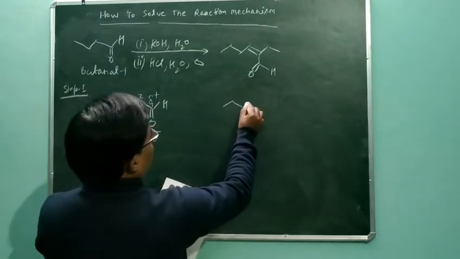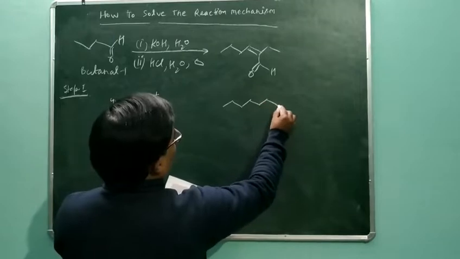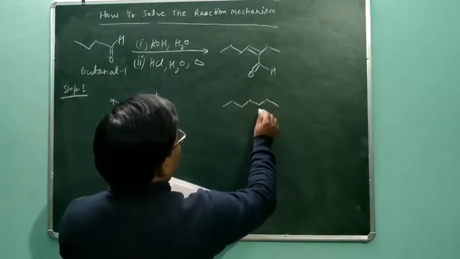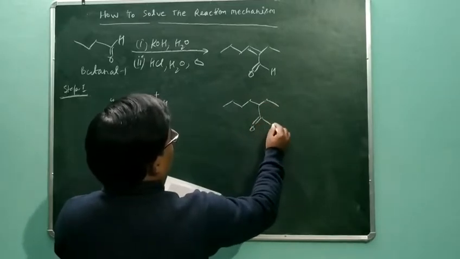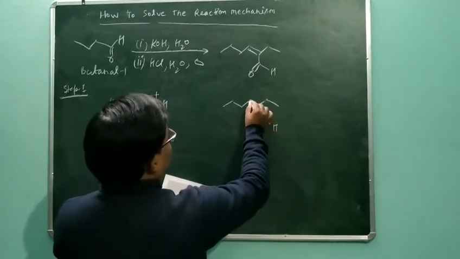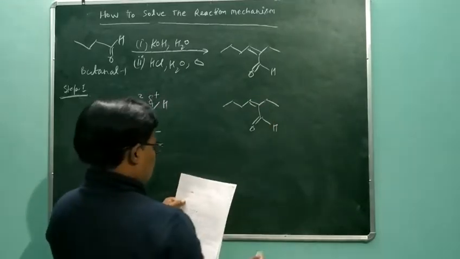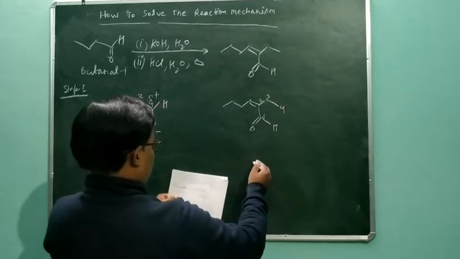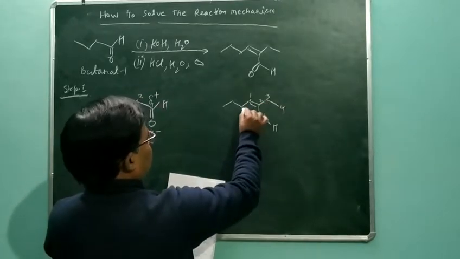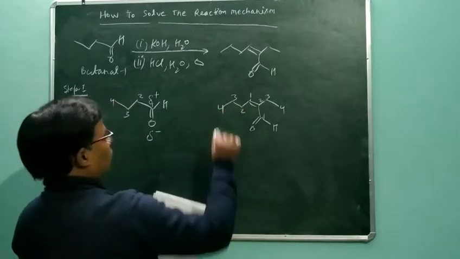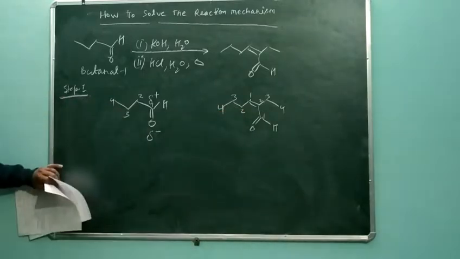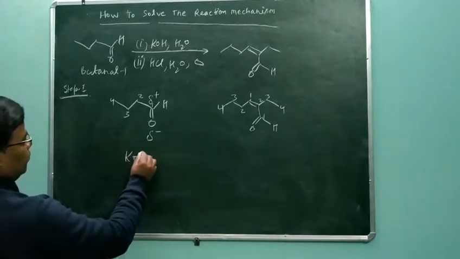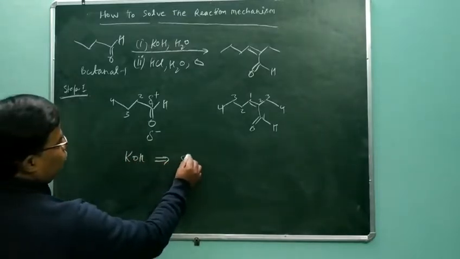The numbering of the product is 1, 2, 3, 4, 5, 6, 7, and KOH is a strong base.